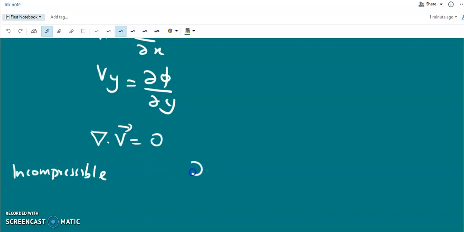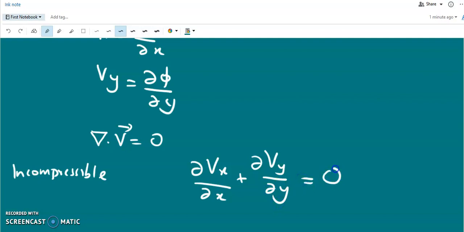So that means, in 2 dimensions, del dot v means dou vx by dou x plus dou vy by dou y equal to 0. So for an incompressible fluid, this should be true.